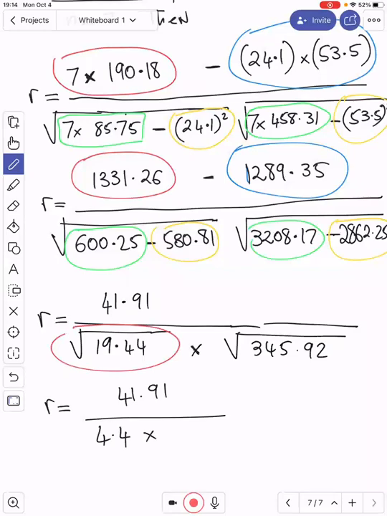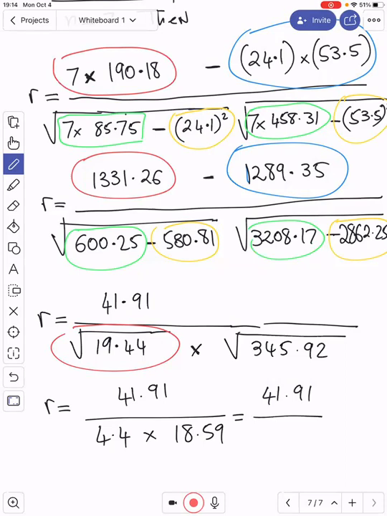And then you have the square root of 345.92, which, if you use your calculator, of course, you need to use your calculator, will be like 18.59.